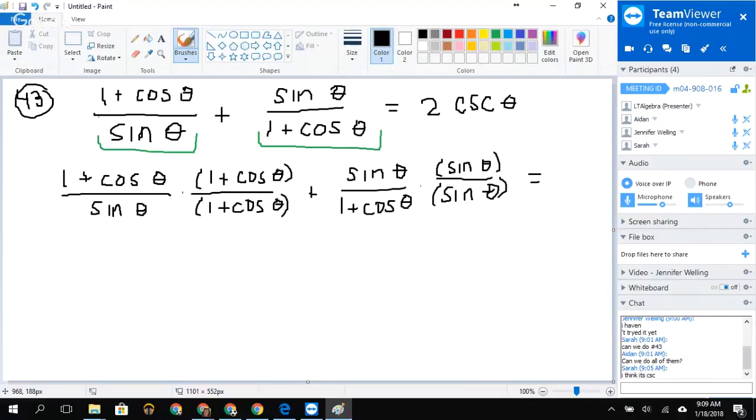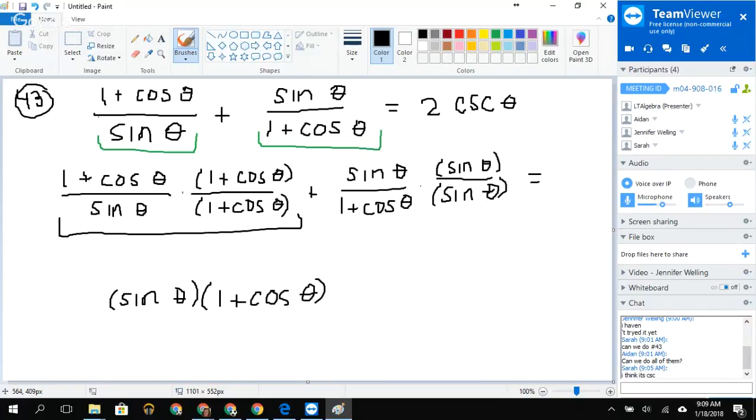When I simplify my first fraction over here, the denominator becomes sine theta times 1 plus cosine theta. That's good. The numerator, I have two binomials multiplying by each other, right? I have 1 plus the cosine of theta times 1 plus the cosine of theta.